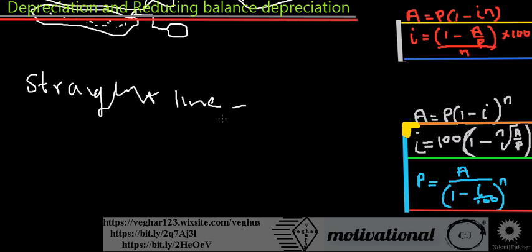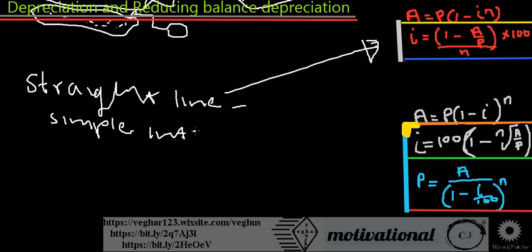This depreciation is calculated in a similar way as simple interest. So it uses this formula, the formula for simple interest. It's straight line, simple interest.